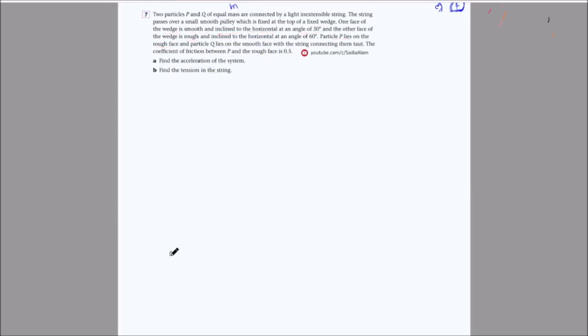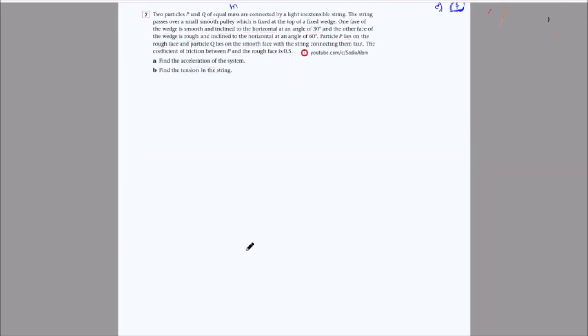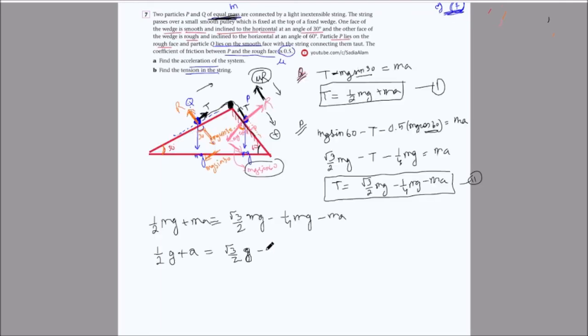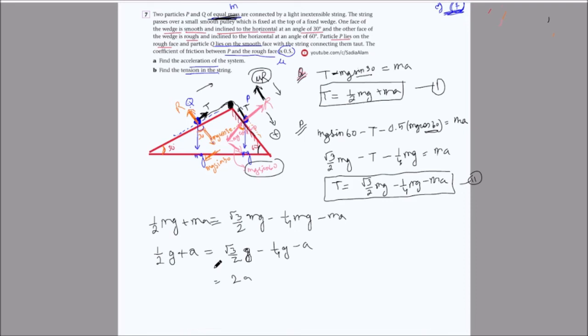So you're left with half g plus A, equals root 3 by 2 g minus 1 by 4 g minus A. Okay, so if I shift A, so 2A, and then let me just solve the remaining values. Half minus root 3 by 2 plus 1 by 4.